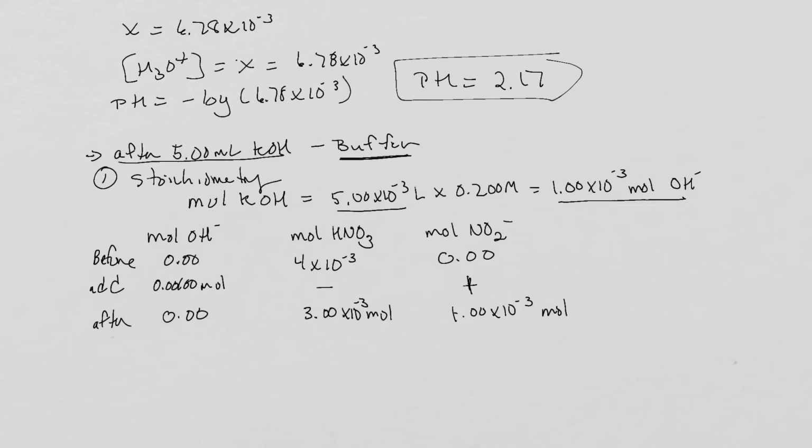So we had 4 times 10 to the minus third moles of our weak acid. That number is coming from the first part of the problem. When we solved for the volume at the equivalence point, part of that was calculating how many moles of acid we had in our original solution, our 40 milliliters of 0.1 molar. So this is how many moles of acid we have at the beginning, and of course we don't have any conjugate base.